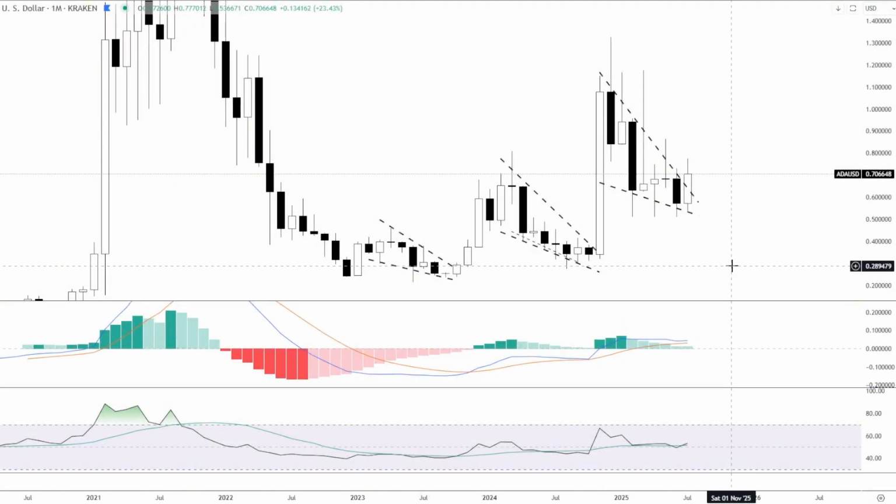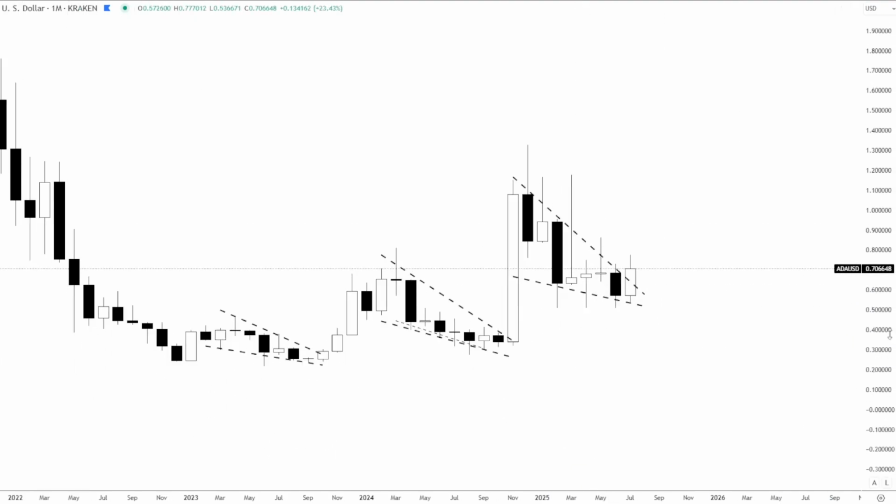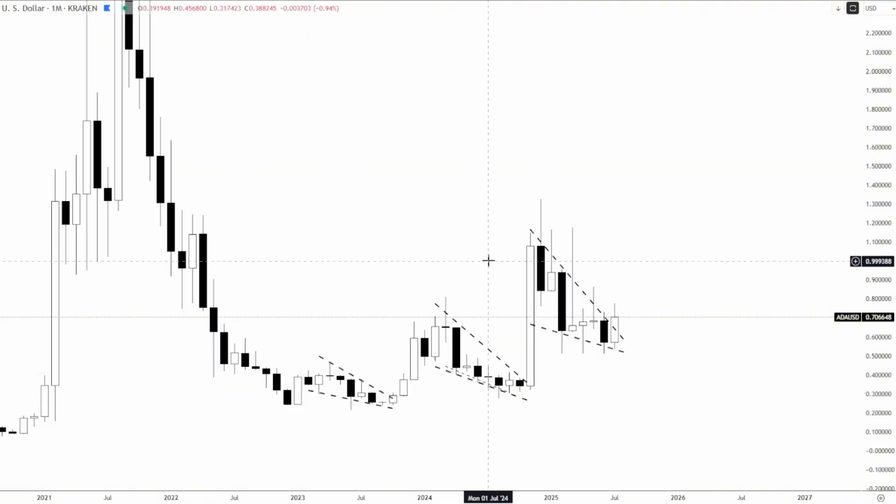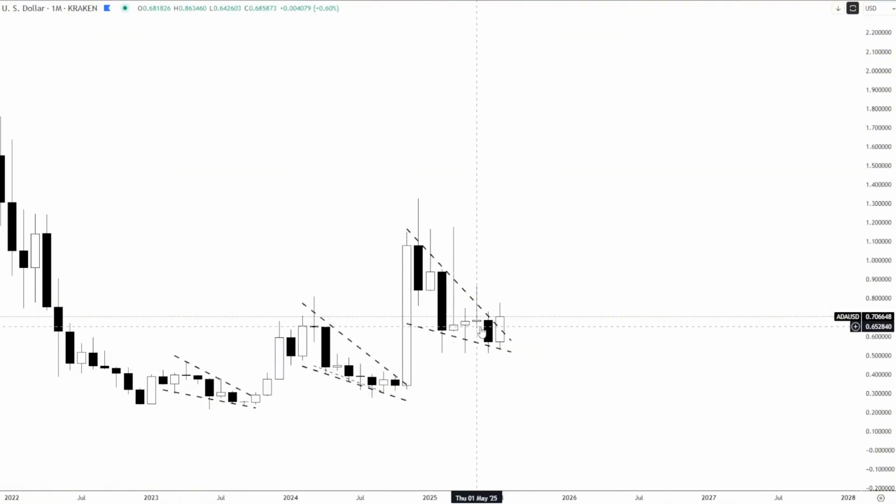Now let's put on our formation trader hats for a second and try to identify the patterns here. What we can see here are falling wedges in a contracting fashion.